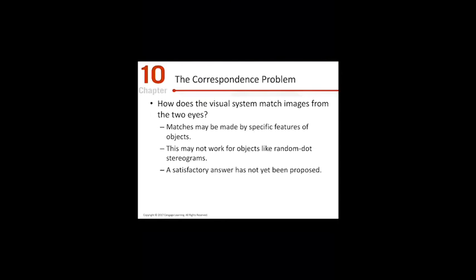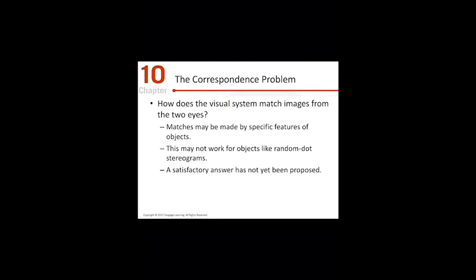How is it that our visual system is able to take those two images and overlay them, not see double vision, and still give us the right cues to navigate our environment very fluidly without any problems? How are we able to match these images?